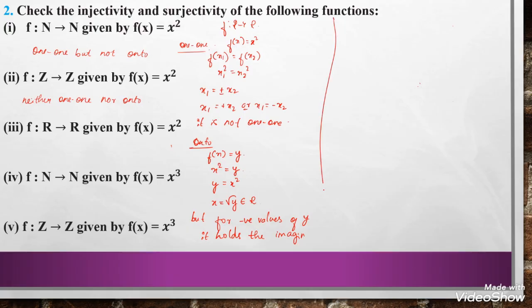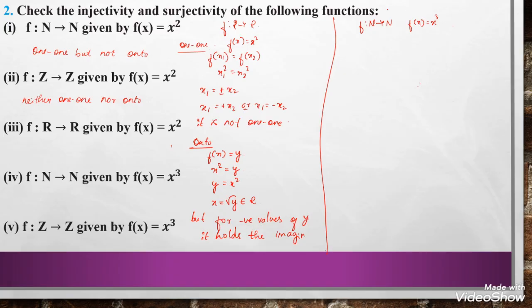So for the fourth condition, that is a function N tends to N given by f of x is equal to x cube. According to the definition of one-one condition, we have to take the values.